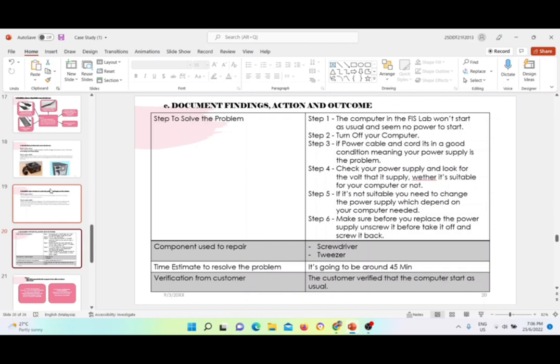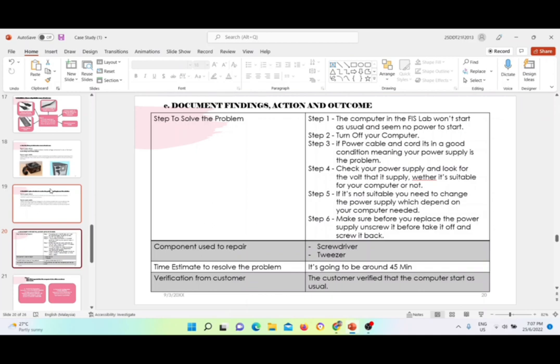Next, check your power supply and look at the voltage that is supplied, whether it's suitable for your computer or not. If it's not suitable, you need to change the power supply, depending on what your computer needs. If it's under voltage, your computer cannot be turned on, and if it's over voltage, it has the possibility to burn.